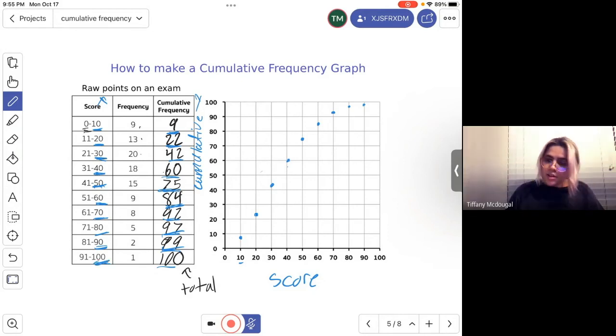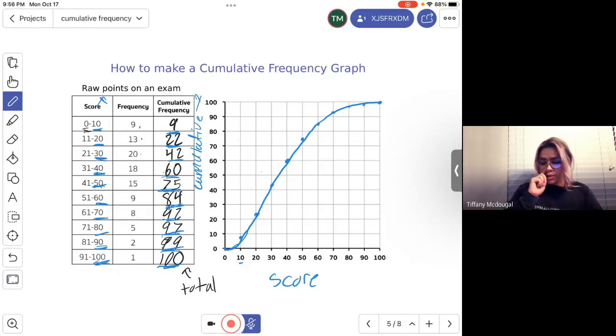And then 100, 100. Perfect. All right. So I have all my coordinate points dotted, and now I'm just going to connect those with a nice curve, connecting all the dots. Boom. And that is a cumulative frequency graph.